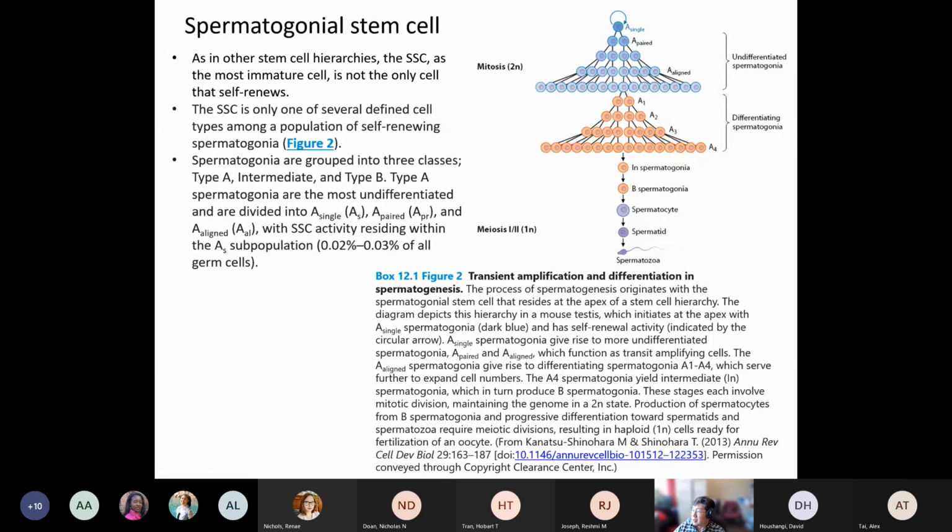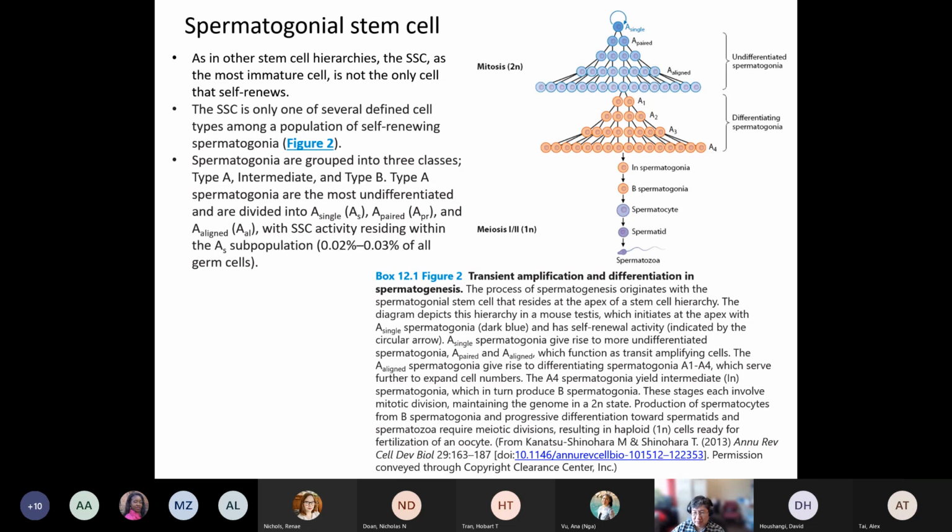But apparently, the stem cells are limited to the tip of the hierarchy. We call the stem cells A-single because they exist as a single cell, isolated from others. And you have A-paired, a pair of cells close to each other, and then you have A-aligned. So from A-single to A-paired to A-aligned, you find three populations of stem cells.